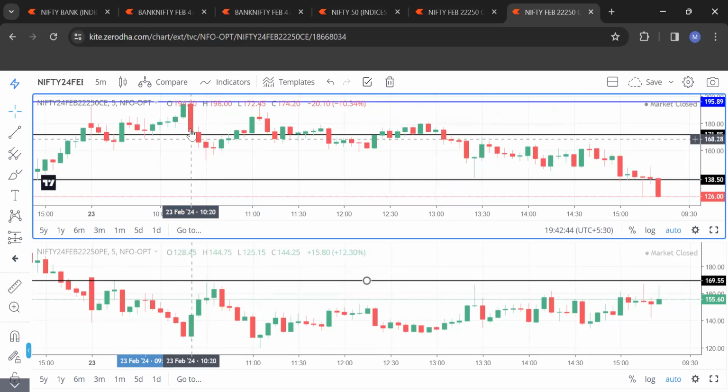See this, perfect on two candles. And if you subtract this from 165.75, it will be 135.60.